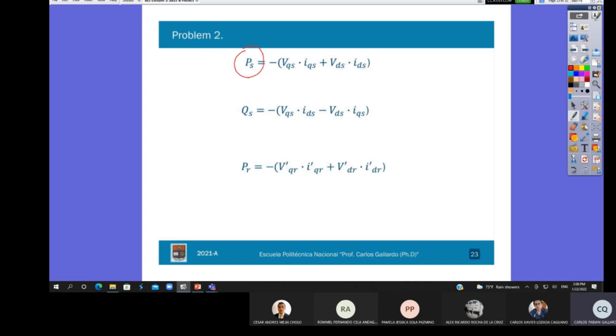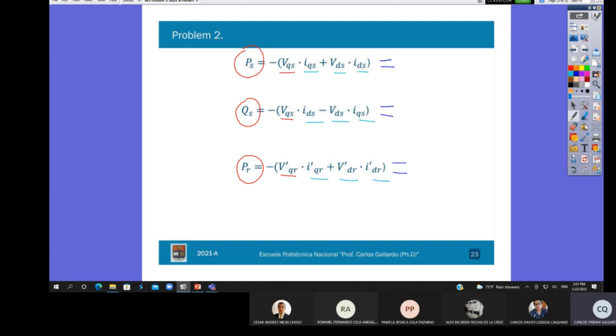The stator active power, the stator reactive power, the rotor active power. So pay attention. We have already computed these voltages for the stator and from the rotor, and we have already computed the currents. So we know these values.